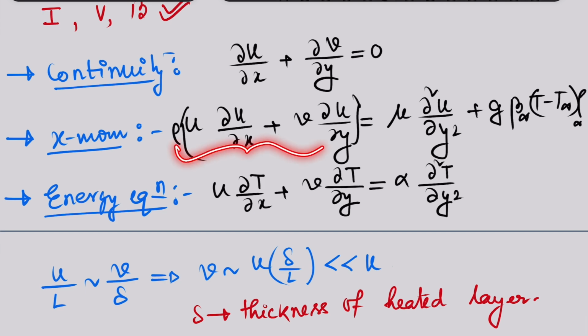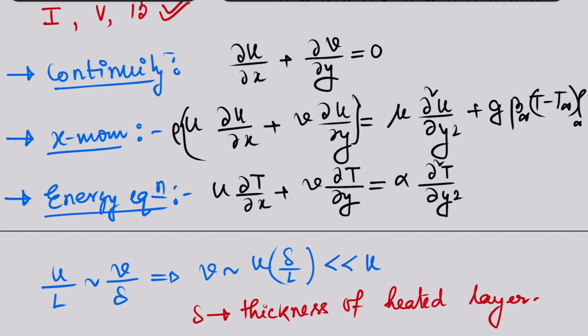So this is the inertia term, this is the viscous term, and this is the buoyancy term, right? You will see that all these terms are in the same order of magnitude if my Prandtl number is of the order of 1. I am not considering any kind of limit, that is, much lesser or greater than 1.